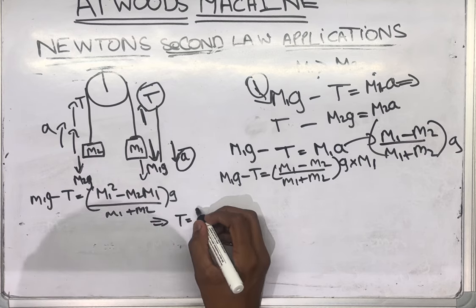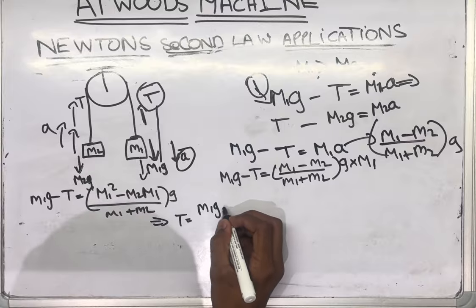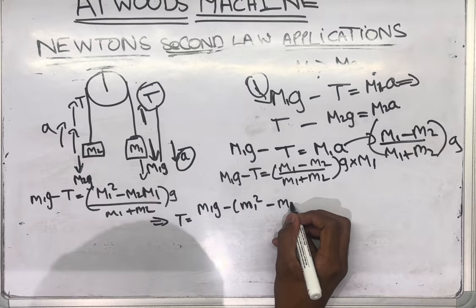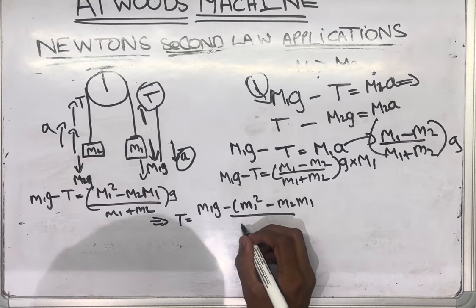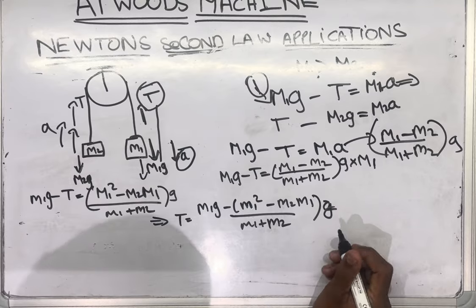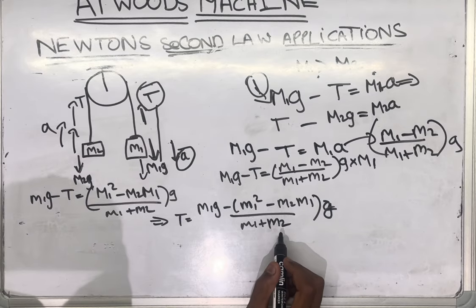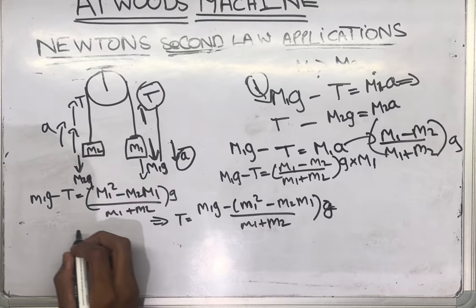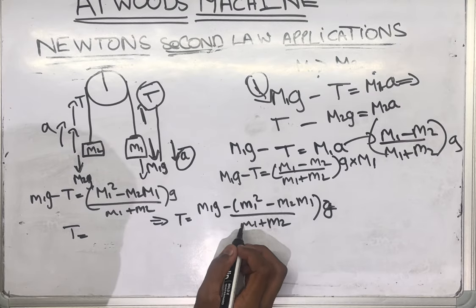T is equal to M1g minus M1 square minus M2 M1 by M1 plus M2 into g. So we got this as the equation for finding tension. Let's try to simplify it more.